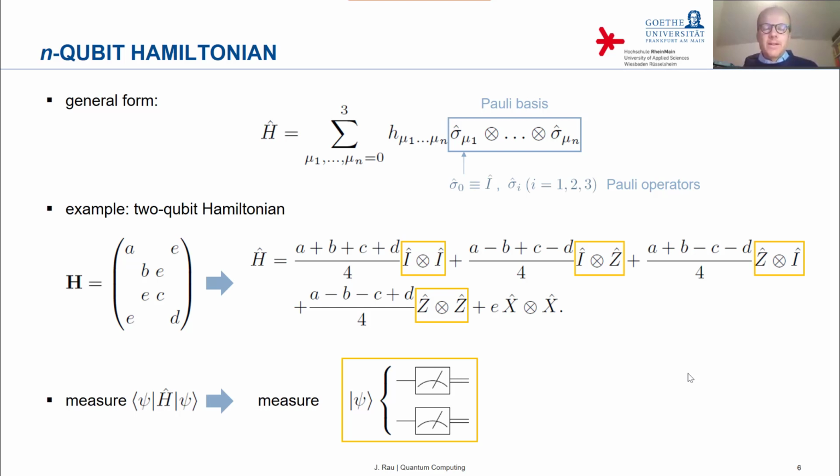There remains in this particular example one more tensor product, namely the tensor product of the two Pauli X. Now the standard basis is not an eigenbasis of Pauli X. The eigenbasis of Pauli X is the plus-minus basis.